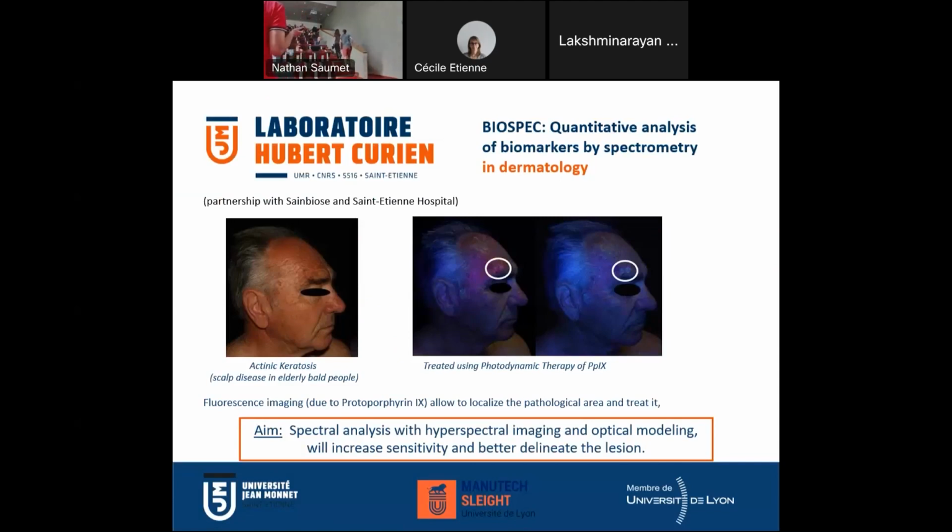Here, you have an example in dermatology, of an elderly person with a bald scalp who has actinic keratosis, which can be enhanced and then treated using a photosensitizer called protoporphyrin 9 or PP9 here. And this photosensitizer has the great ability to become fluorescent and then emit a reddish signal under blue excitation.